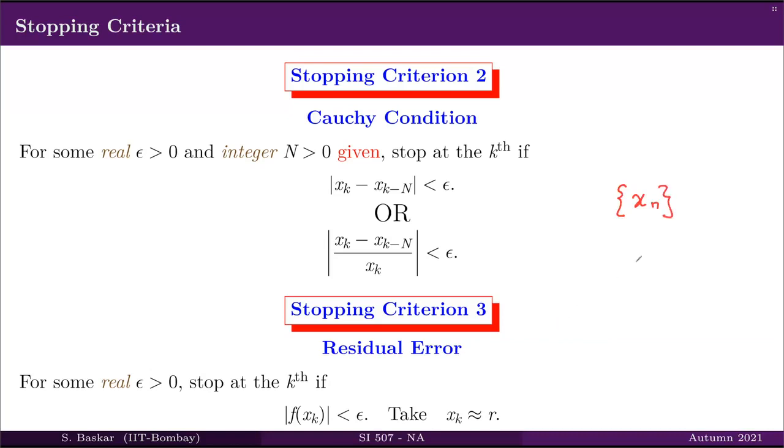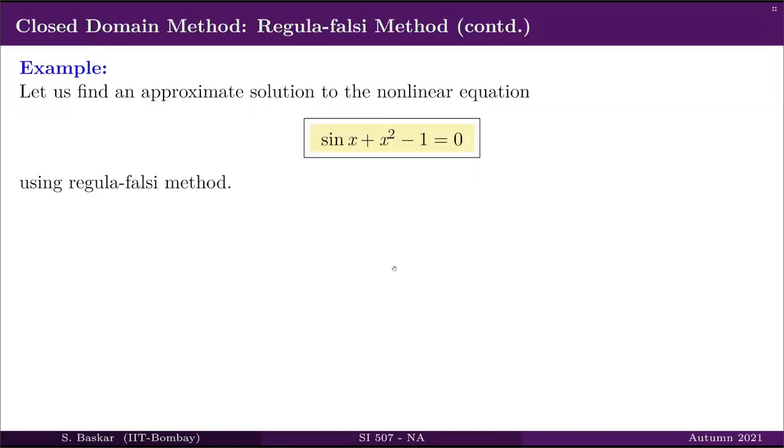Now the question is whether this sequence converges or not. We omit the proof of the Regula-Falsi convergence theorem for this course and continue with an example. Let us take up the same example as we did in the bisection method. This will also help us to compare these two methods, at least in this particular example.